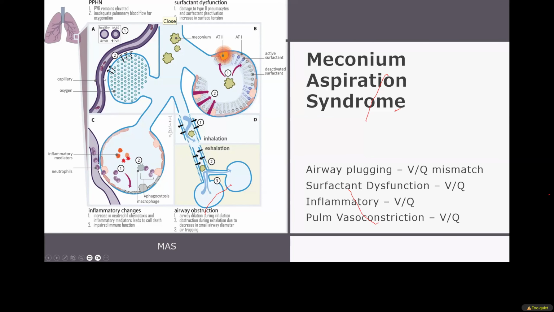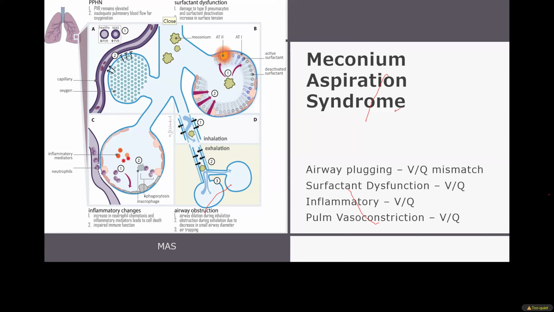So for all these reasons, babies with meconium aspiration syndrome may need a high amount of mean airway pressure to keep the lungs open. But if you do a lot of mean airway pressure, you risk air leaks. So most people have gone to using high frequency ventilator in this situation.